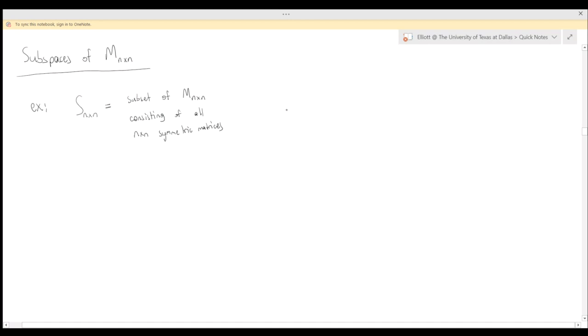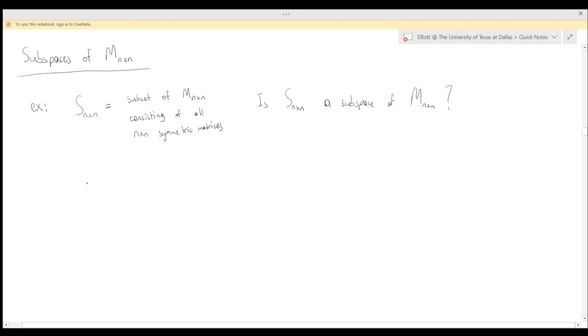So we want to ask, is this a subspace? To check this, we'd want to check the closure under addition and the closure under scalar multiplication.